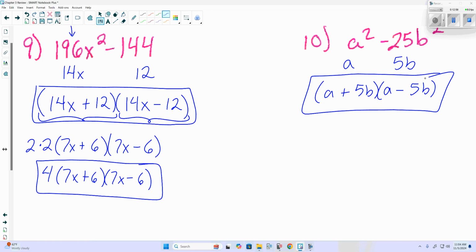Questions on this so far? Yes, because 2 times 2, since there's a greatest common factor of 2 here and here, we have to factor it out of both, and we're using multiplication because they're all being multiplied together.